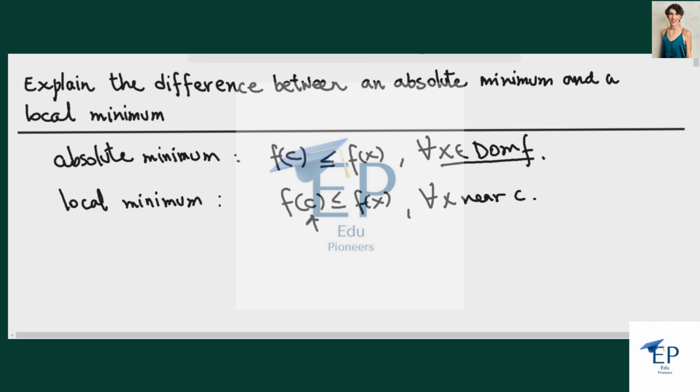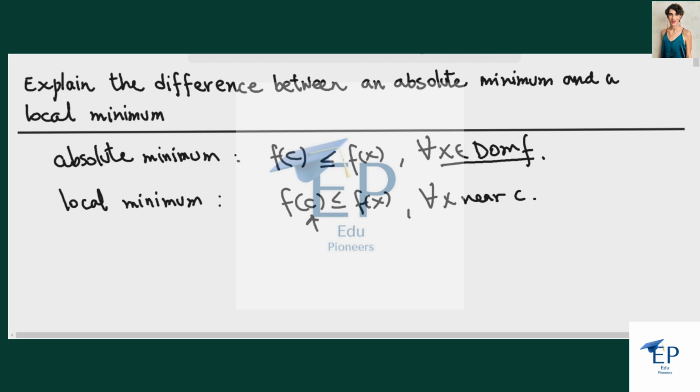But obviously, when we constrain or change or redefine the domain of the function, these definitions can overlap in some way. But what is important is that when we have defined the domain of the function, or the domain is implicitly defined, then the smallest of all the images of the function is the absolute minimum.